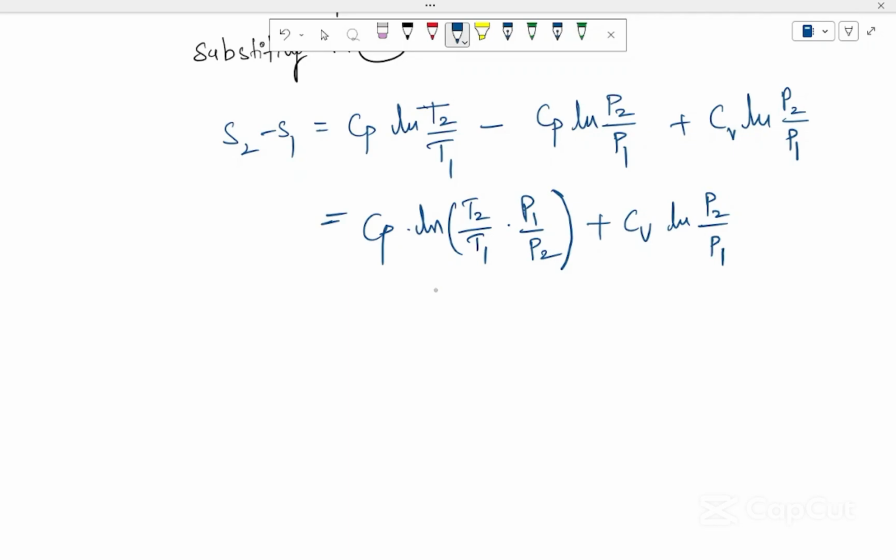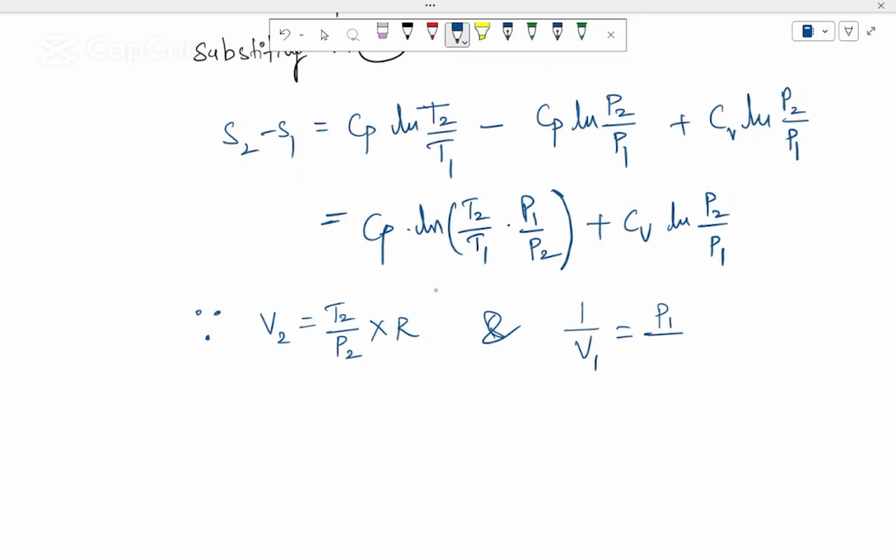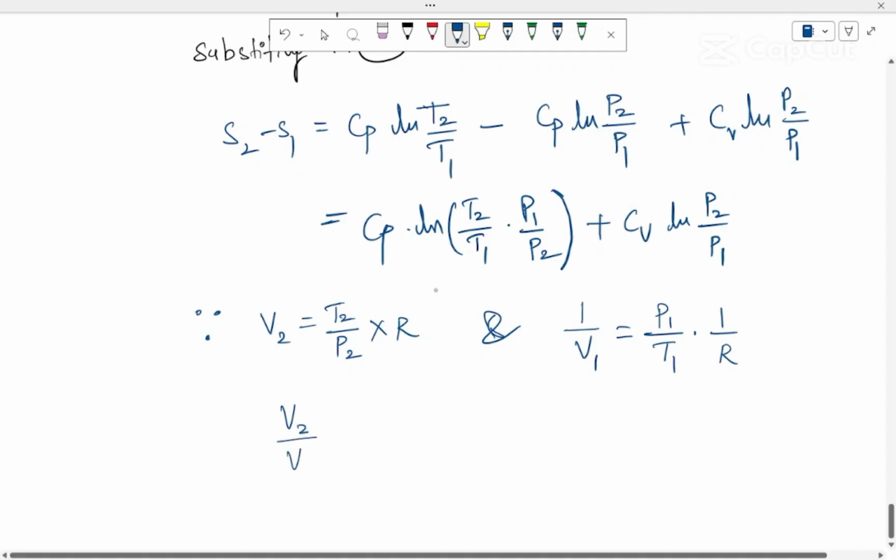So how do I get that? For that purpose, since V2 is equal to T2 by P2 into R, and 1 by V1 equal to P1 by T1 into 1 by R. So if I take V2 by V1, that will be equal to this R and this R getting cancelled.